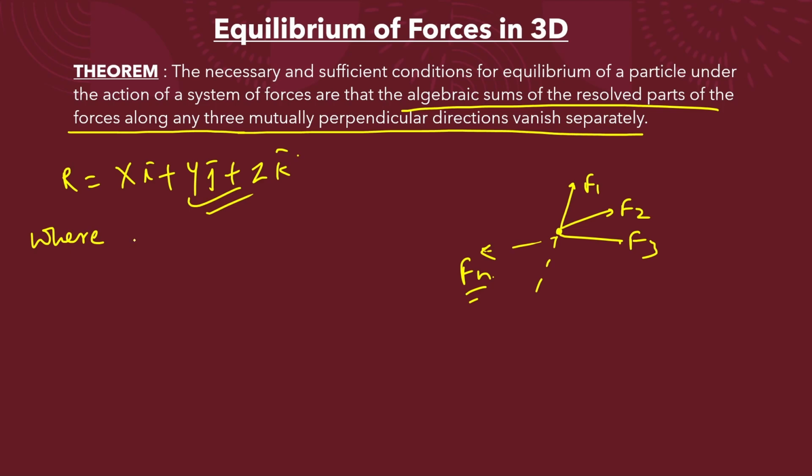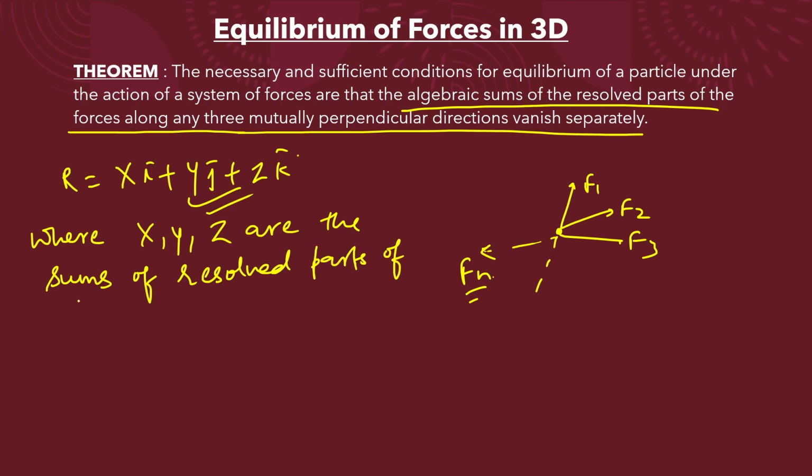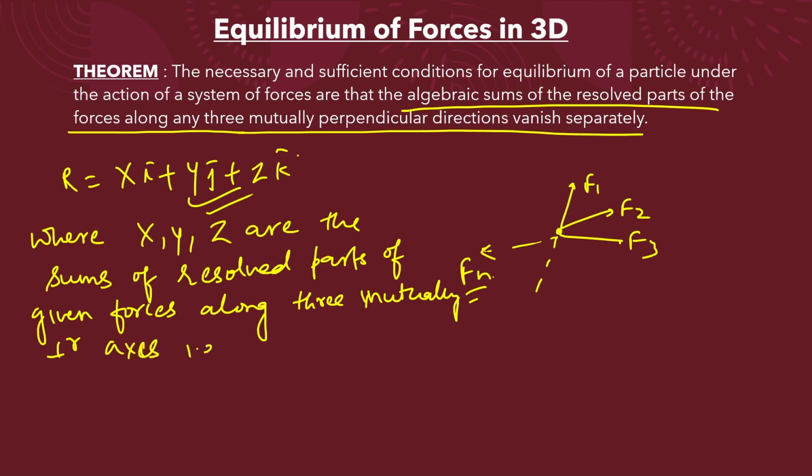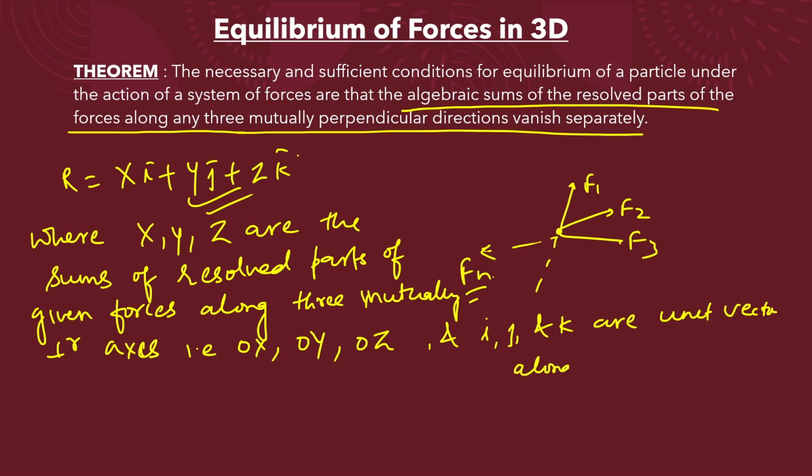Where x, y and z are the sums of resolved parts of given forces along three mutually perpendicular axes, that is OX, OY, OZ, and i, j and k are unit vectors along these axes.